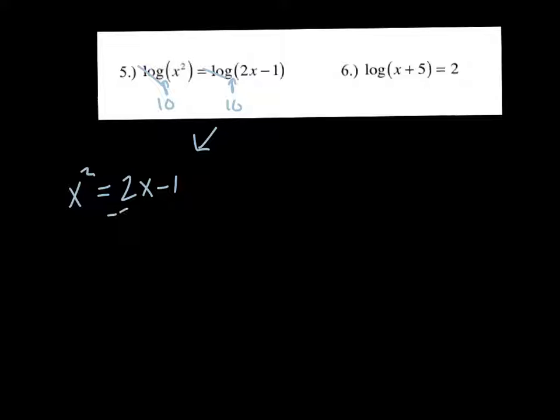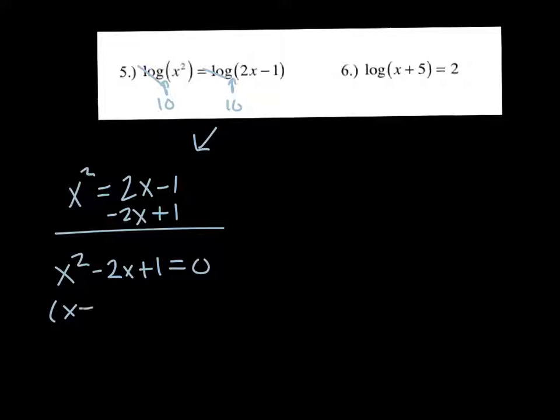So I'm going to subtract 2x and add 1 to get x squared minus 2x plus 1 equals 0. So I know that x minus 1 times x minus 1 is the factored form of that. If I set x minus 1 equal to 0, x will be positive 1.